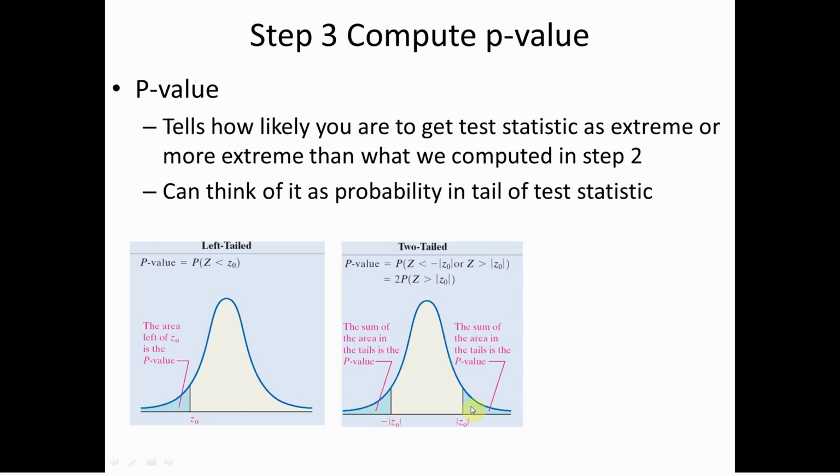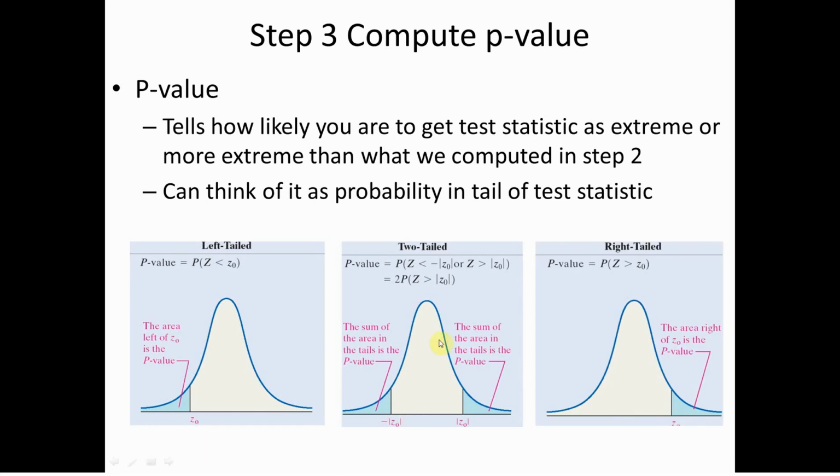So now it's going to be twice the area in one of these tails, because as extreme or further means the same distance or further from the mean. This is the distance from the mean on this side, and this is the distance from the mean on this side. So we have to account for both of them in a two-tailed test. As extreme or more extreme means this distance away from the mean, but it could also have a value on this side, this distance from the mean too.